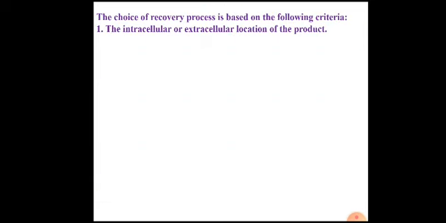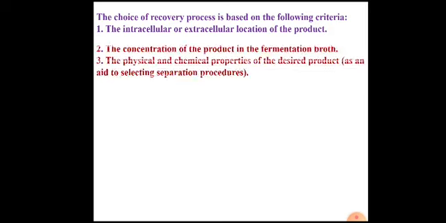Now, the choice of recovery process is based on the following criteria. First one is the location of the product, whether it is present inside the cell or whether it is secreted out. So whether it is intracellular or extracellular. Accordingly, we can choose a particular method for purification. Second one is the concentration of the product in fermentation broth.